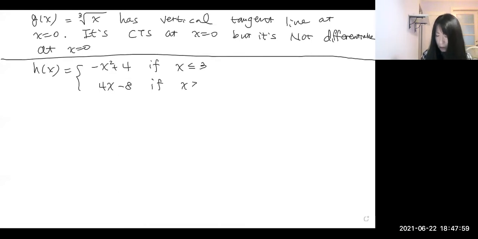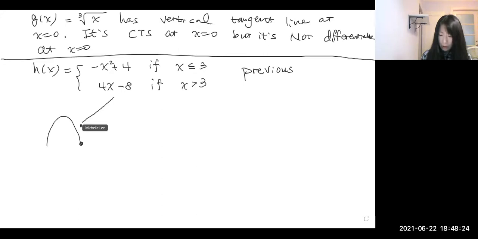So previously we did this one, so I don't want to do it again. This one is a jump. We had this one like a 3 and then like that. Okay, so this is not continuous at 3. Okay, so not differentiable.